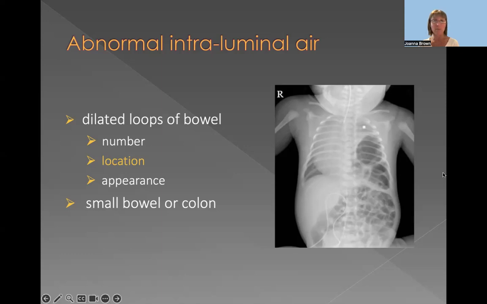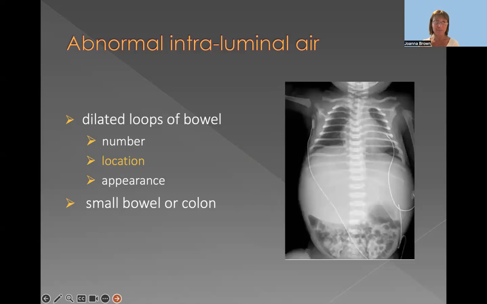It means that the abnormal loops of the bowel migrated during pregnancy through the defect within the diaphragm into the chest. The dilated loops of bowel are pushing the cardiac silhouette and the whole mediastinum to the right. So this is dilatation of bowel loops secondary to the diaphragmatic hernia.